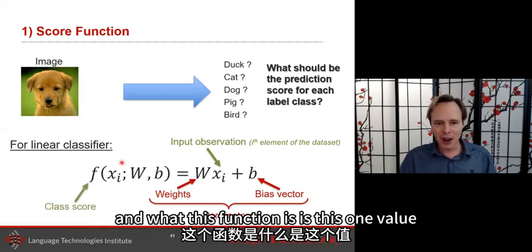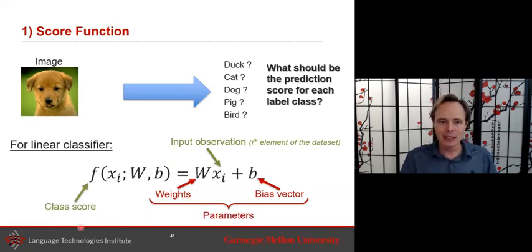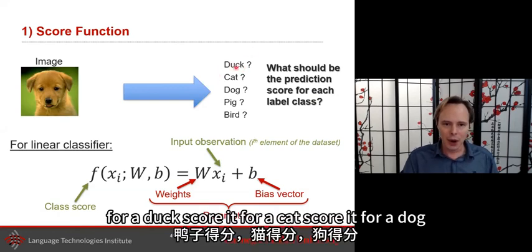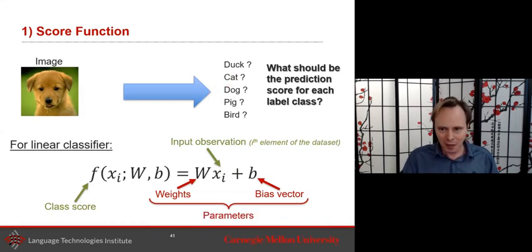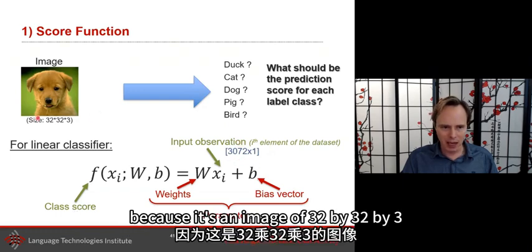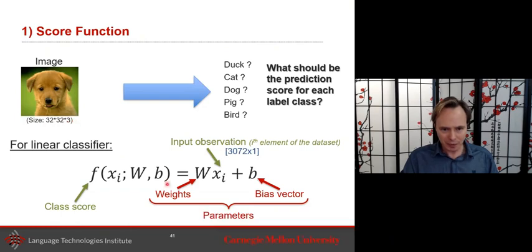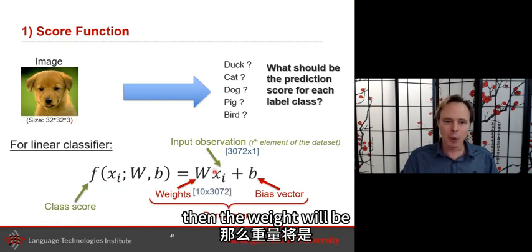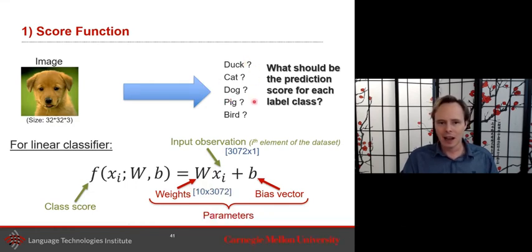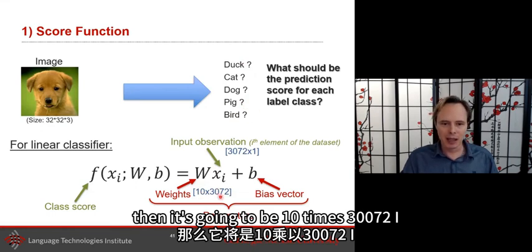And this function gives one value that tells you how you score. So you could score it for a duck, score it for a cat, score it for a dog, for each of them. I want to give an example with numbers. So if it is 3072, because it's an image of 32 by 32 by 3, this is a very long vector, and let's say I have 10 of these classes, then the weight is going to be 10 times 3072.